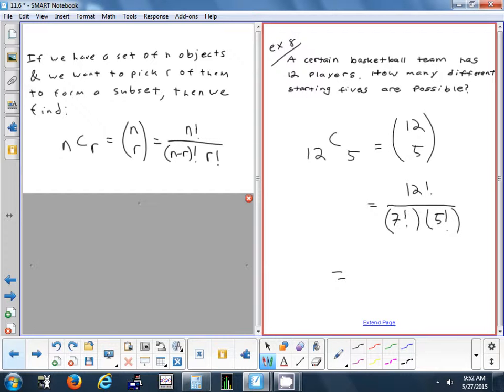Okay, when I write out the factorial in the numerator, everything from what number down is going to cancel? Sam? 7. 12, 11, 10, 9, 8, 7, 6, 5, 4, 3, 2 cancels with 7 factorial. Denominator, 5, 4, 3, 2. Everything in the top should cancel with everything in the bottom.